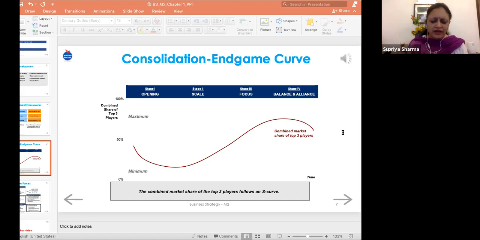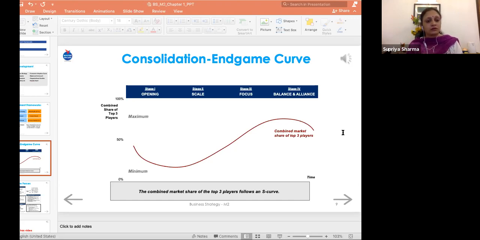When companies start offering some product or service, we give offers, early bird offers, just to get the market share. So amassing market share is the focus when you are in this opening stage of business.